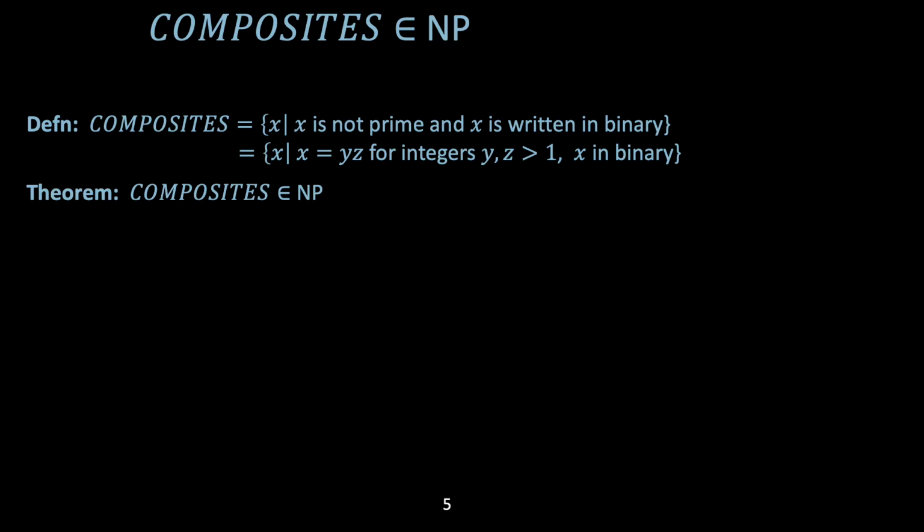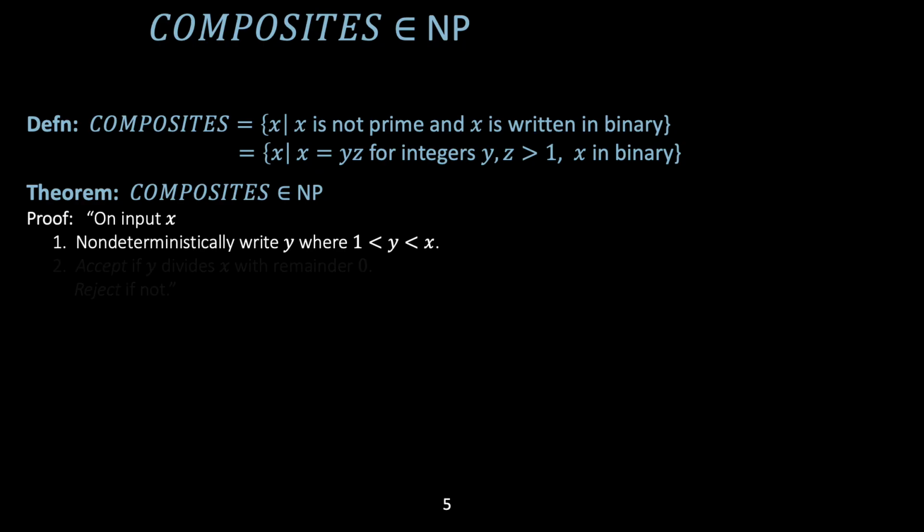Thinking about being able to easily verify it, if I want to give you a proof that composites is in NP and you wanted to verify it, you take that input x and then I give you y. If y divides x, you would have to run a division algorithm, which takes polynomial time. Then you'll accept. Otherwise, you reject.